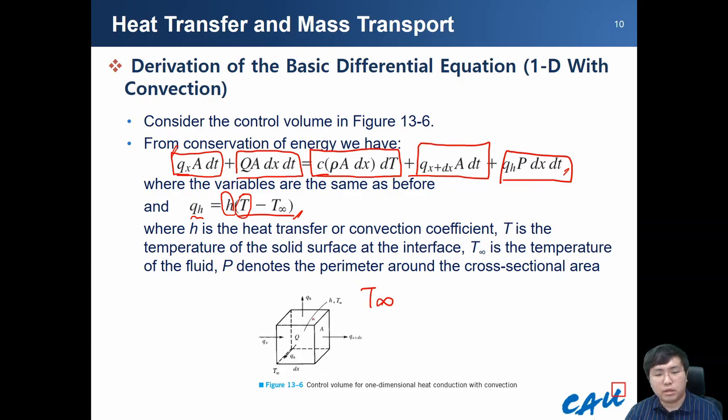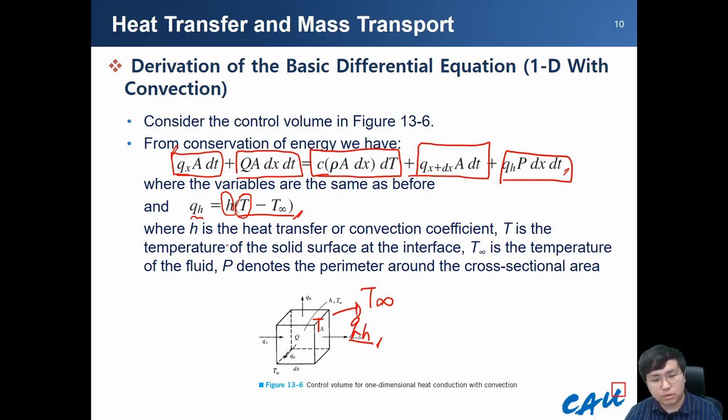However, the solid temperature varies until it becomes saturated. The temperature will saturate, so the amount of heat convection flux varies. Convection varies with respect to time.